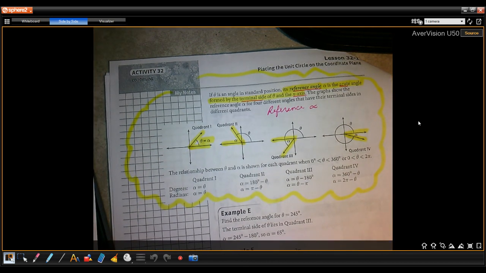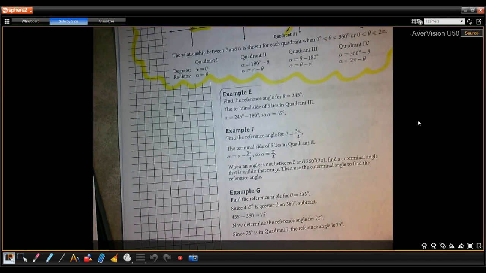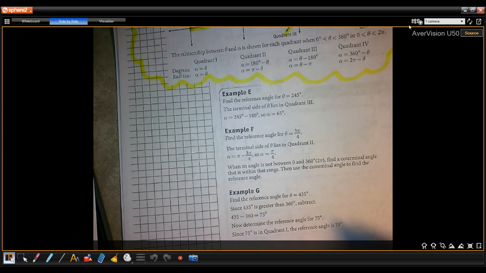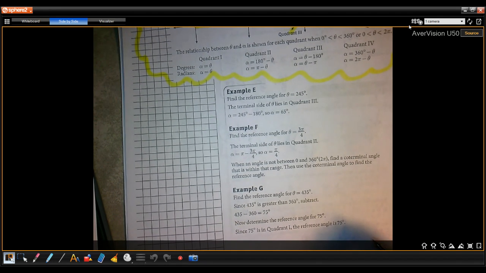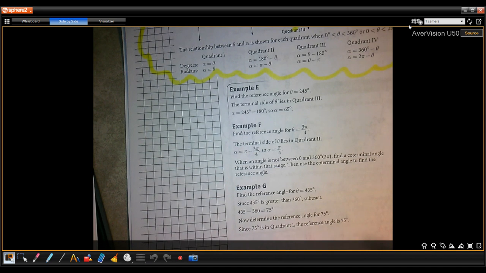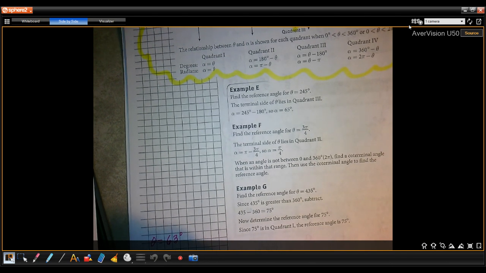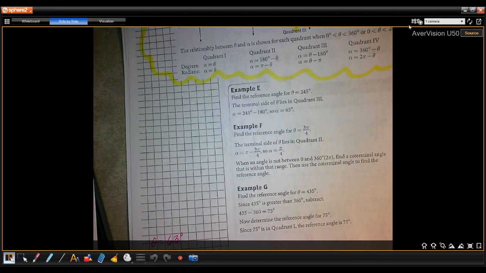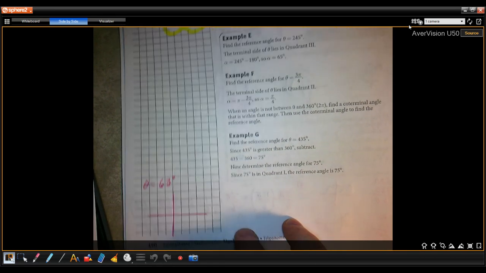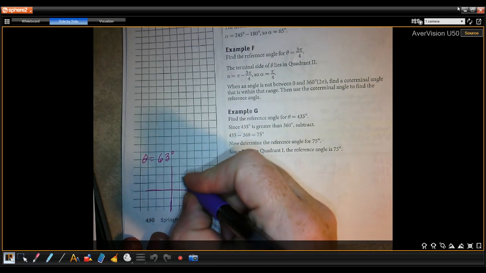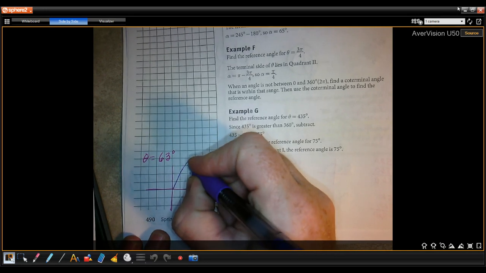Okay, so you guys can read these examples. They're pretty good. And then I'm just going to do a couple of them. So let's do the 4 scenarios. I'm going to make 4 graphs. If we do 63 degrees, draw theta as 63 degrees. Here's 45, so 63 right there.